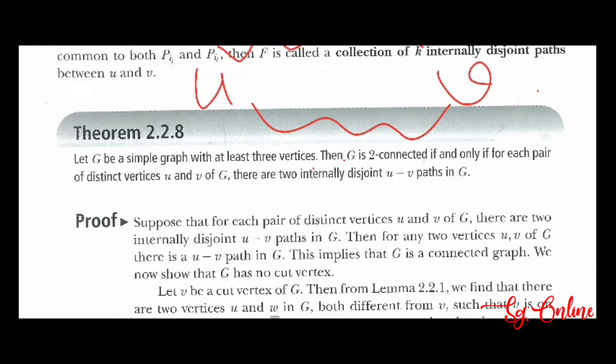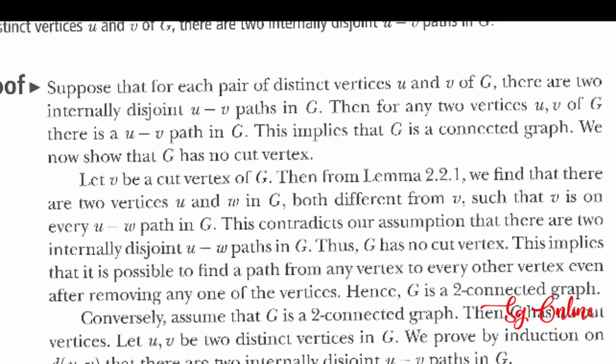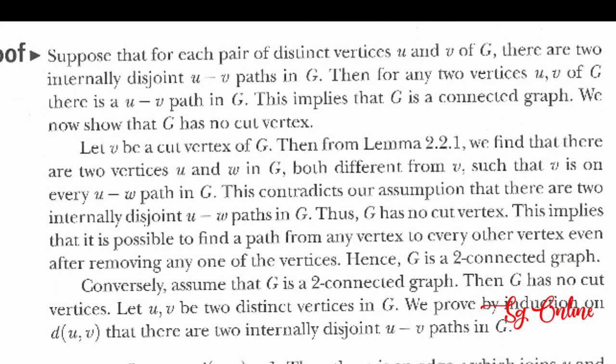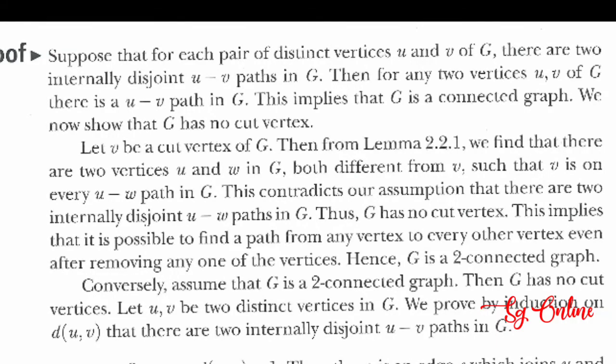Now, if there is a cut vertex, you can remember the characterization of a cut vertex says that if v is a cut vertex, then there exist two other vertices u and w such that v is lying in every u-w path.